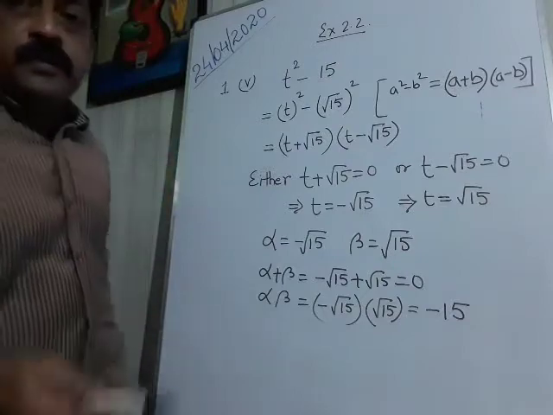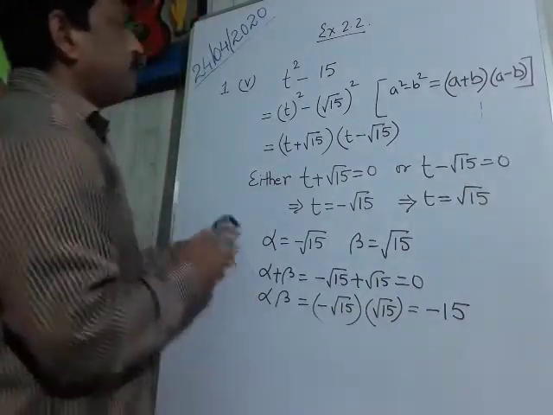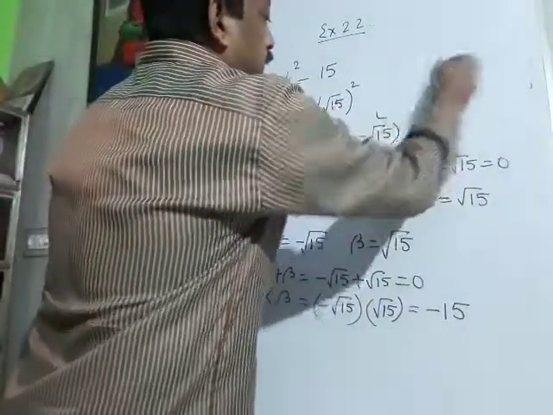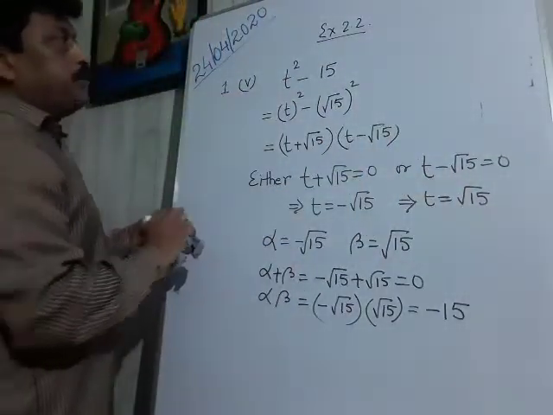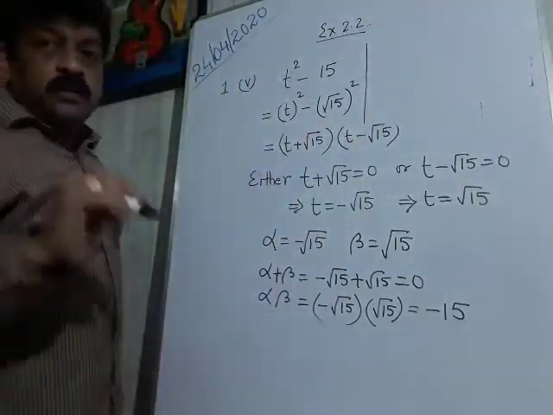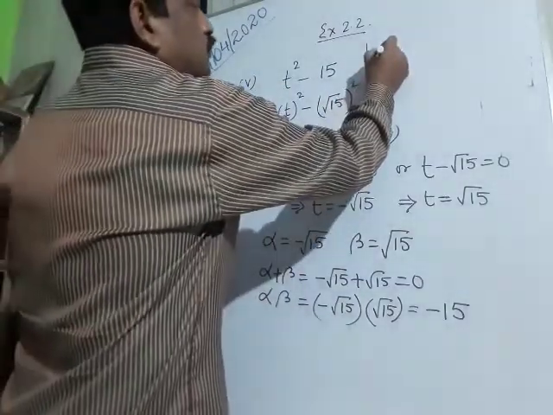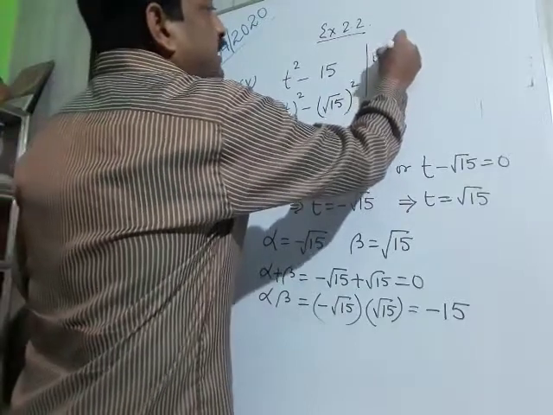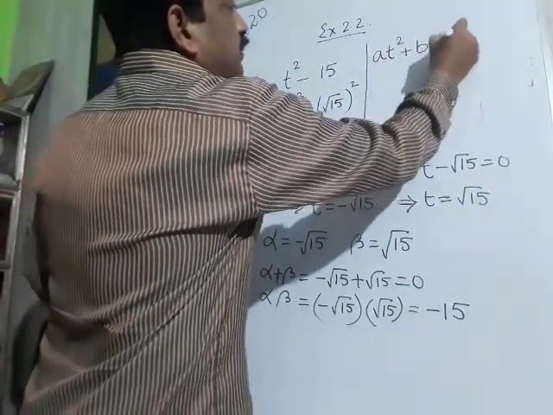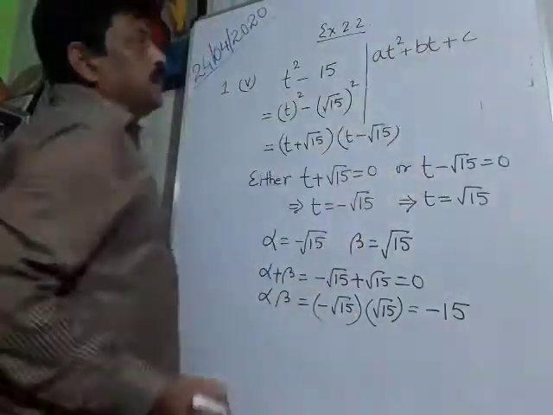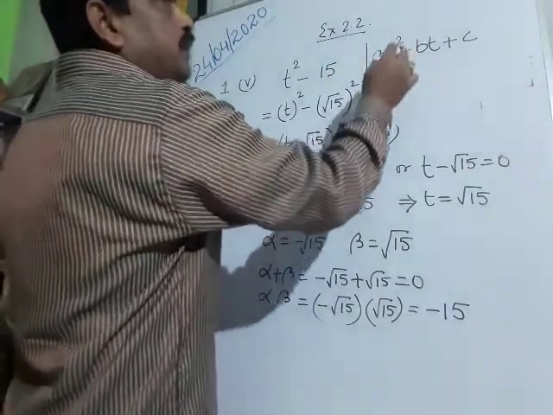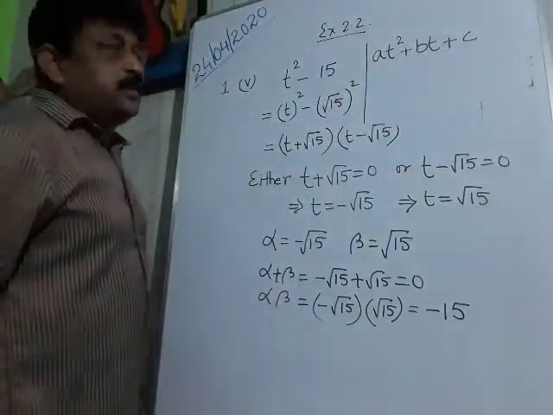Now let us verify the relationship. If we compare this polynomial with the general form of the polynomial, the general form will be a t square plus bt plus c. So here the coefficient of t square is a, the coefficient of t is b, and the constant term is c.